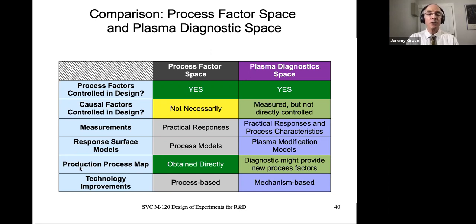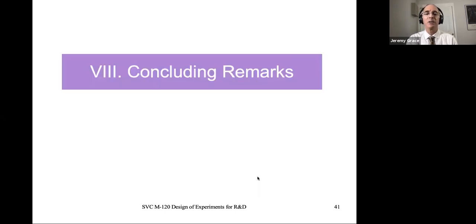If you want a process production map, or a production process map, I should say, you obtain that directly if you work in the process factor space. If you add the diagnostics, you might be thinking about new process factors to consider. If you're looking at technological improvement, the process-based stuff is what you get out of a process factor space design. You'll get a process improvement. If you look at the plasma diagnostic space, you might get a mechanism-based improvement.